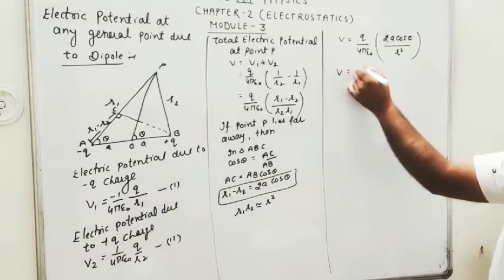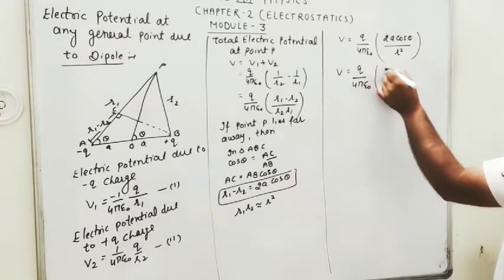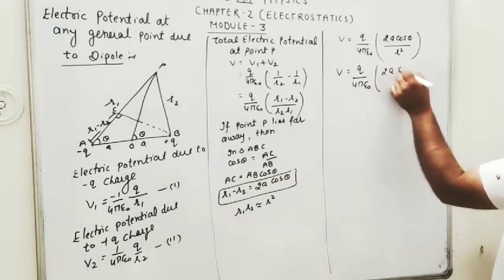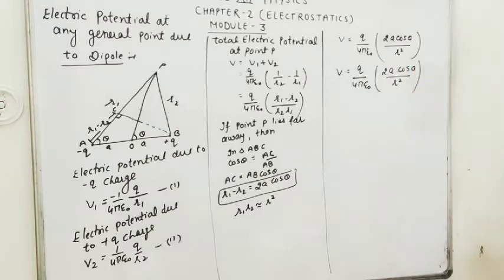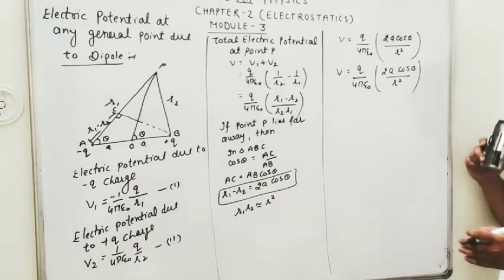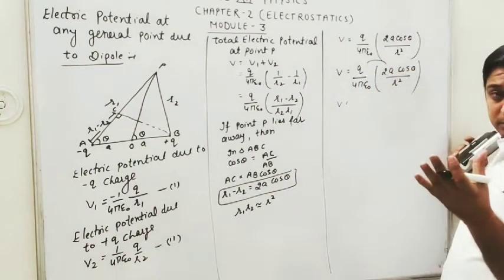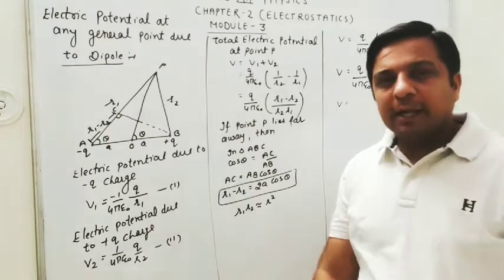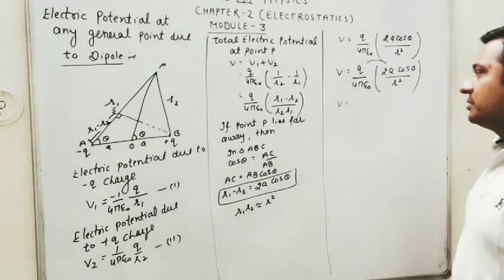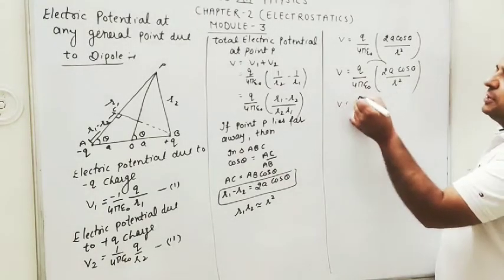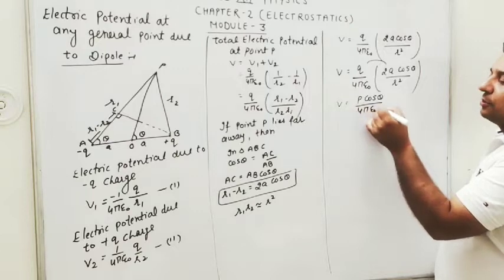So V is equal to Q by 4 pi epsilon naught, 2a cos theta upon R square. So R square and cos theta play a big role here. So V is equal to Q into 2a, the electric dipole moment, the product of the magnitude of either charge and the distance between them. So that is P cos theta upon 4 pi epsilon naught R square.